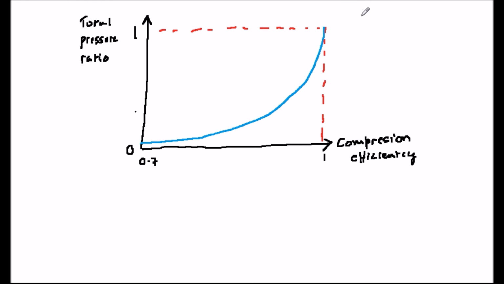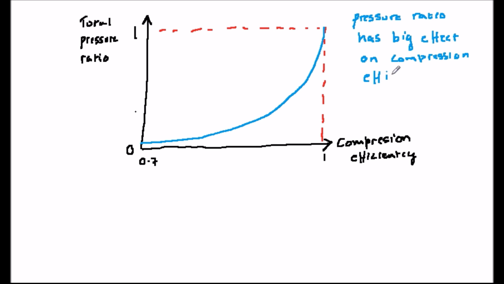And further, you can show that the compressor pressure ratio and the compression efficiency are related by an equation. We can plot this out in a diagram. And from this, you can see that small inefficiencies in the compression side will cause large losses in pressure in the combustor.